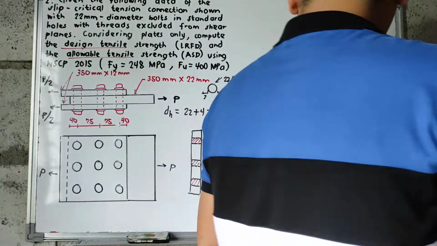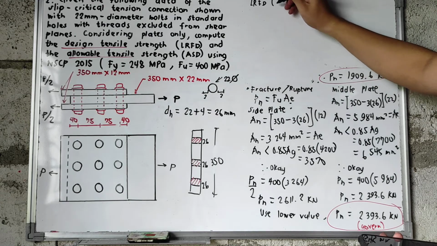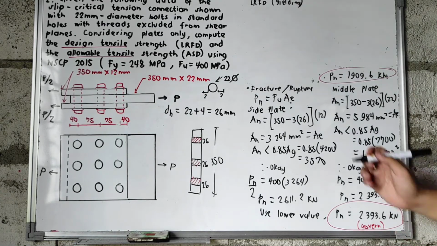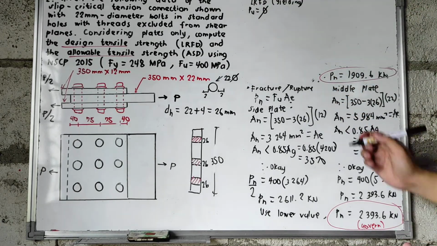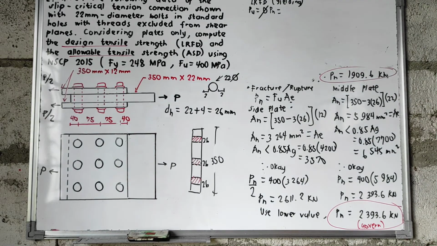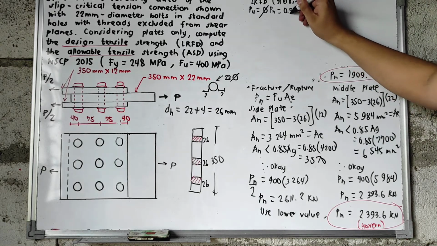So, dito muna tayo sa yielding using LRFD. So, sa yielding tayo o yun sa gross area natin. So, that is equal to yung P sub U natin, that is reduction factor multiplied by the nominal. So, for this one, yung reduction factor natin under yielding, that is 0.90.